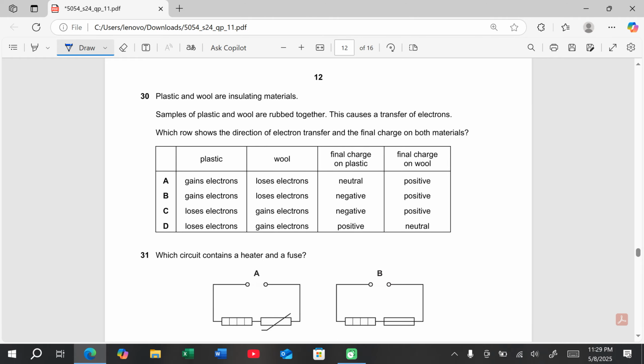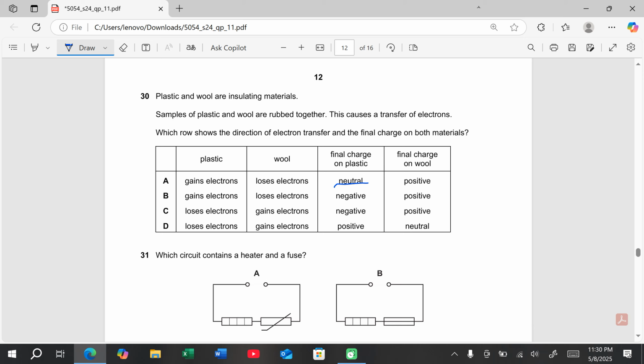In 30, it says plastic and wool are insulating materials. The samples of plastic and wool are rubbed together. They cause the transfer of electrons. Which shows the direction of the electron transfer and the final charge on both materials? Plastic gains electrons, wool loses electrons. A is wrong because it says final charge of plastic is neutral.